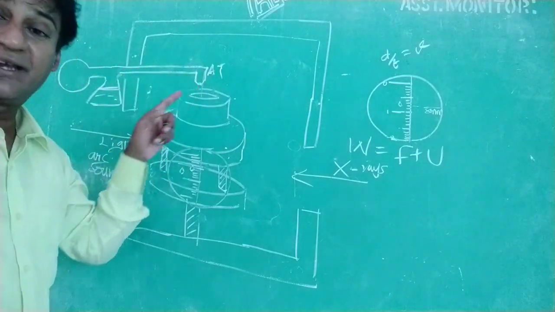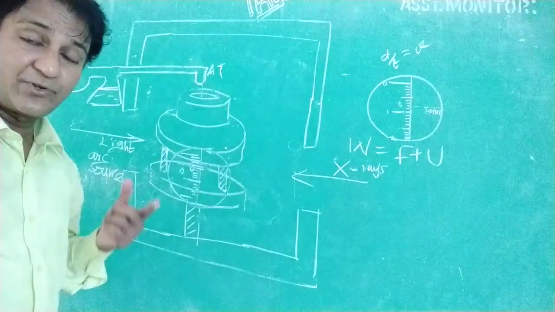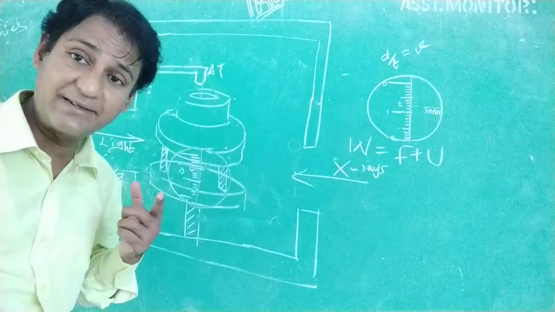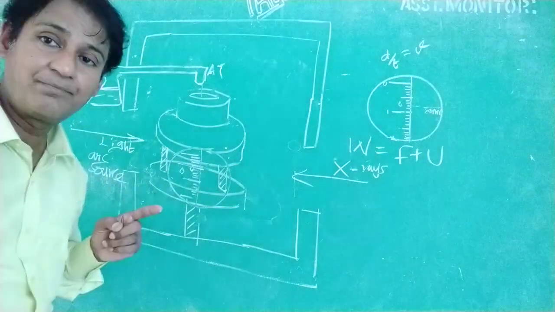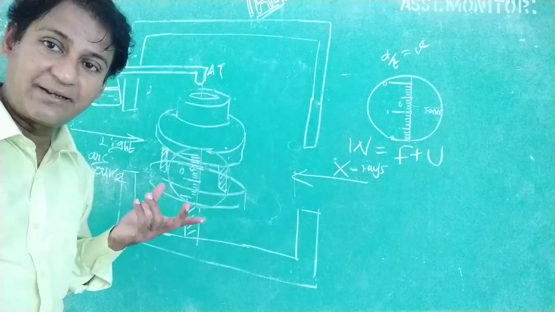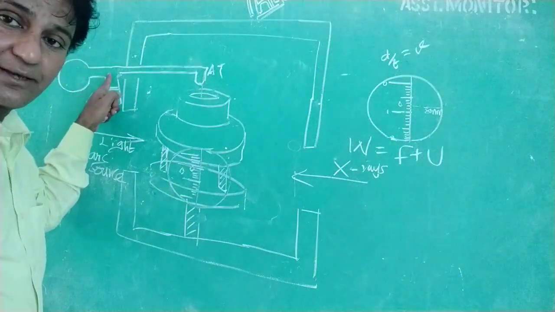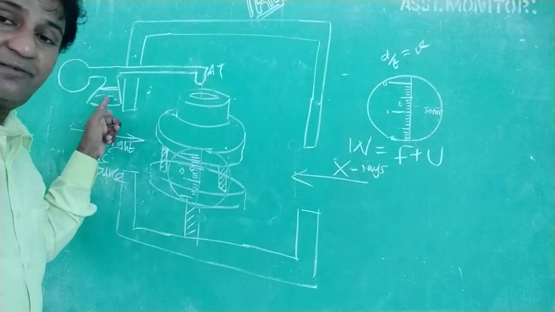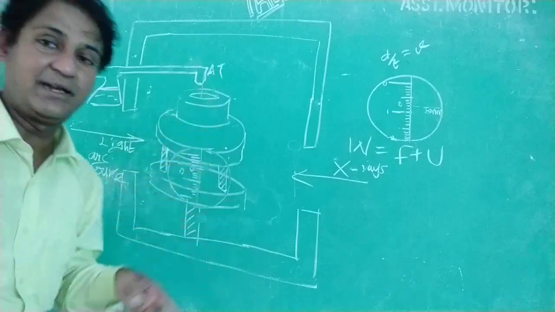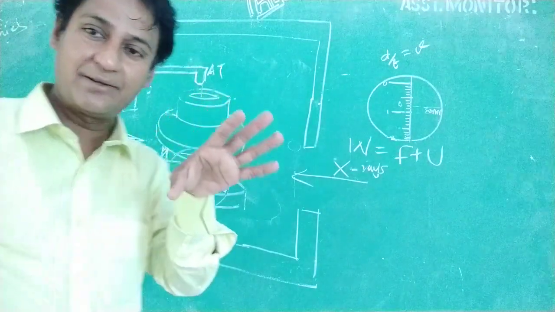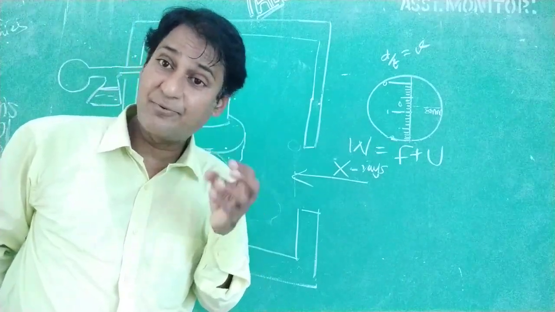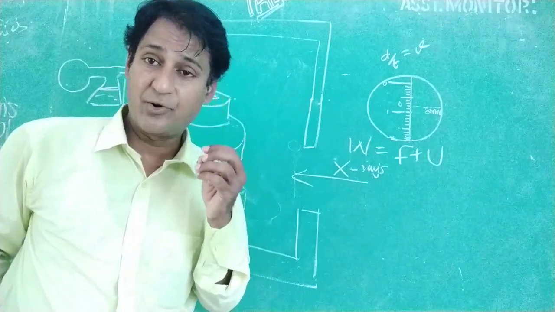So if the velocity of the air increases, the pressure will be decreased inside this atomizer, due to which this highly viscous liquid will come out with a greater force and will be sprayed, right? So it will be sprayed as fine atomic sized droplets, right?